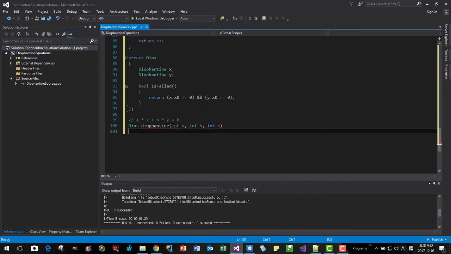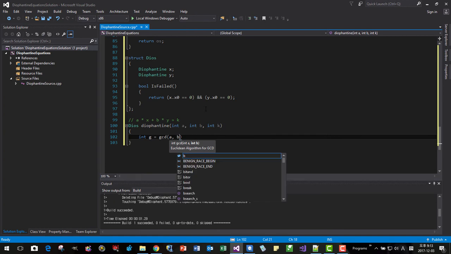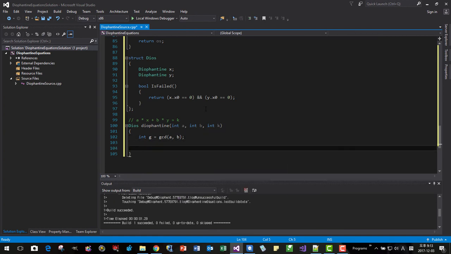Okay, now the very first step is we have to compute the GCD of a and b. Say I will declare one dios, I will say d. I implement it like this.